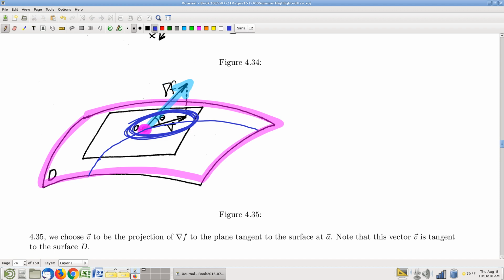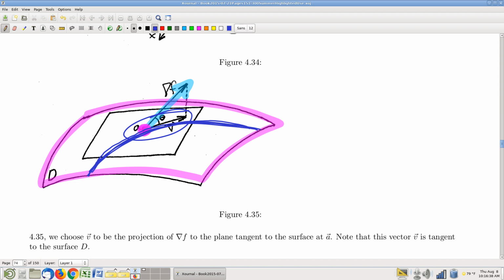And so I'm going to call that the projection. I think that's reasonable. This is the projection vector. And I'm not allowed to go that way, but I am allowed to go this way. I am perfectly allowed to go along this path that is entirely within my constraint surface.